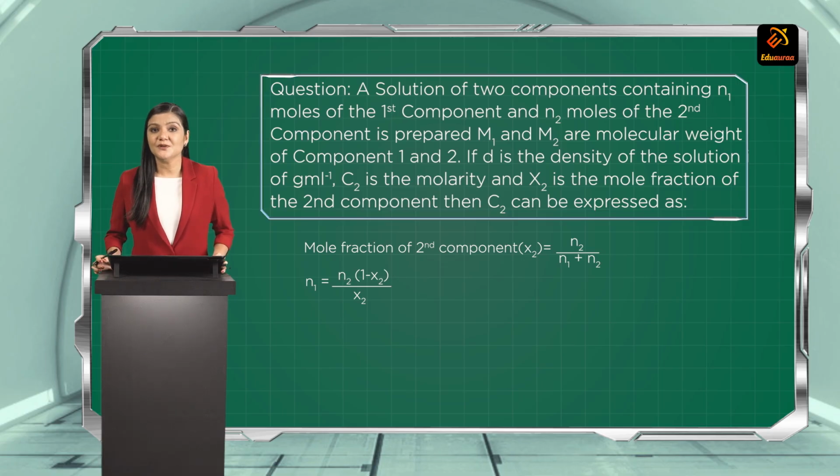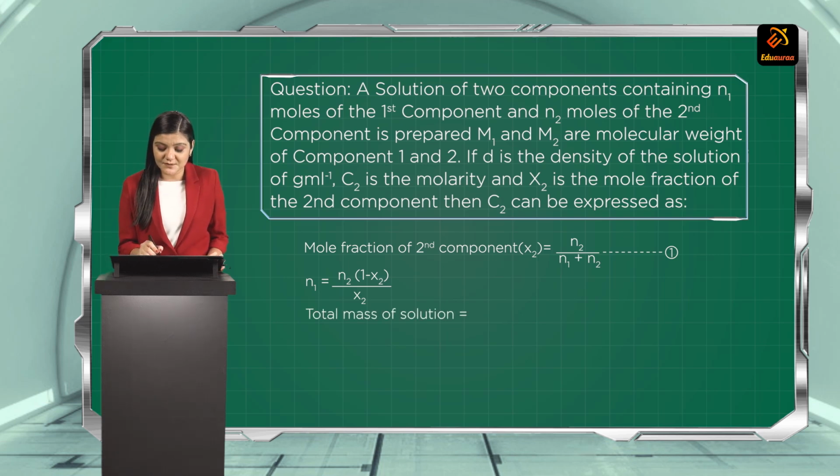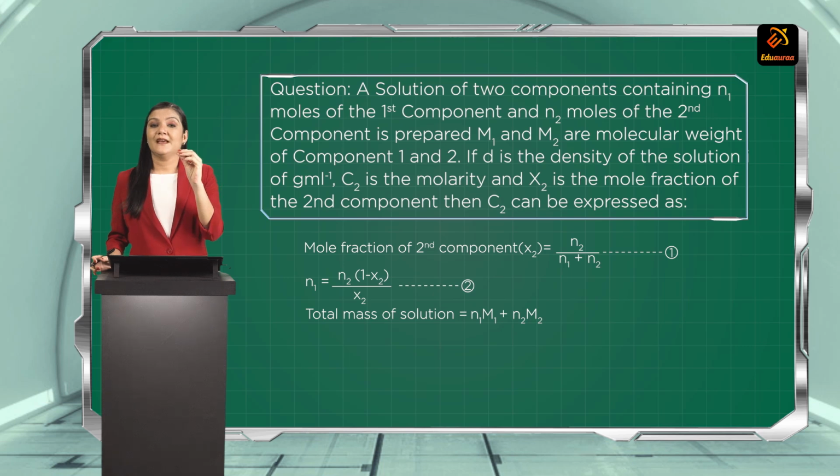Now students, we know that mass of the solution is equal to N1 M1 plus N2 M2. In this equation, if we substitute the equation 2, then my formula will be N2 M1 in bracket (1 minus x2) divided by x2.